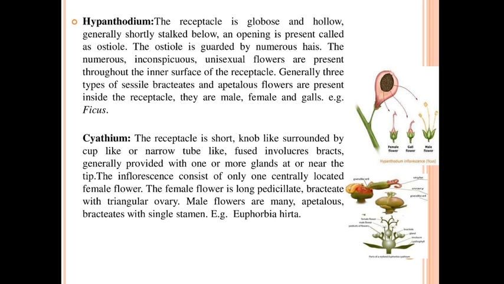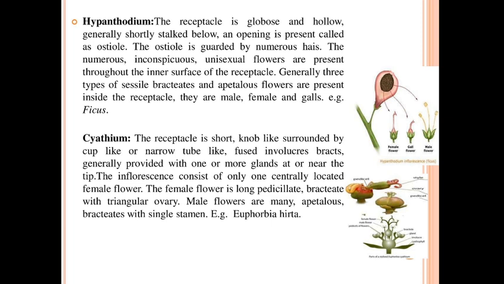Next inflorescence is the cyathium inflorescence. In cyathium inflorescence, you have a very short knob-like structure forming a cup. This cup has a nectary at its tip. Generally you have numerous male flowers represented by a stamen and a single female flower located in the center.